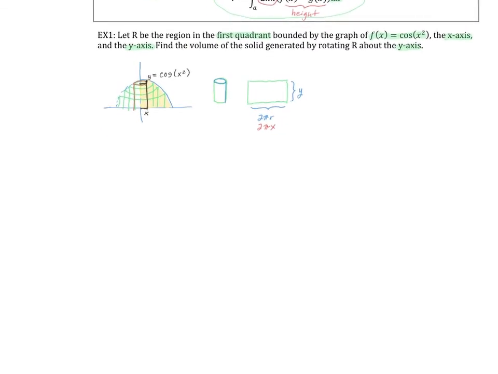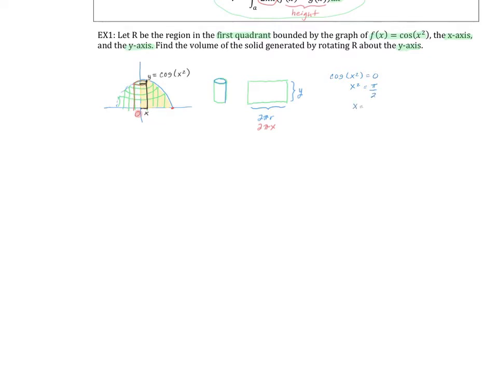First of all, I'm going to be integrating from x equal to 0 to this point here. So I have to figure out what that point is. That's where cosine of x squared is equal to 0. So cosine is going to be 0 when x squared is equal to pi over 2.